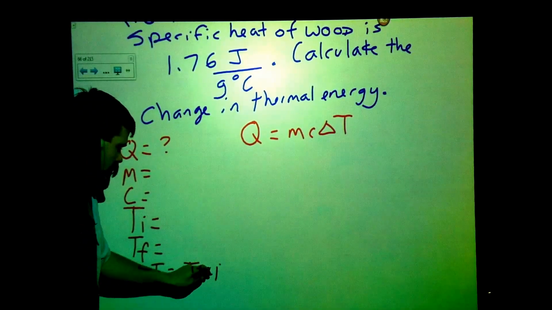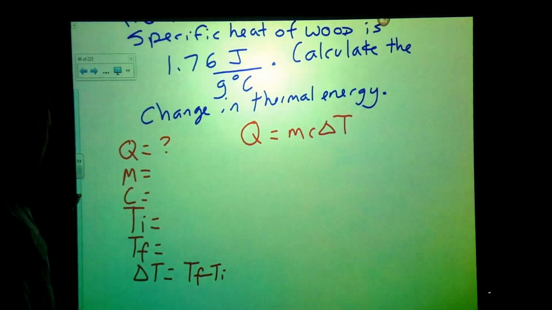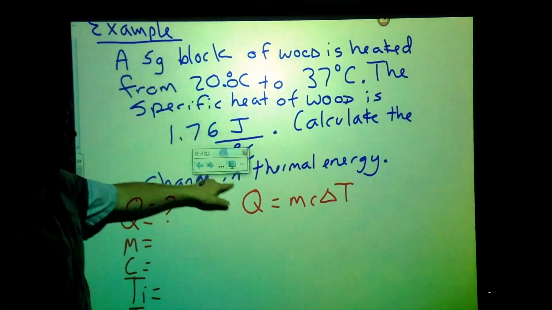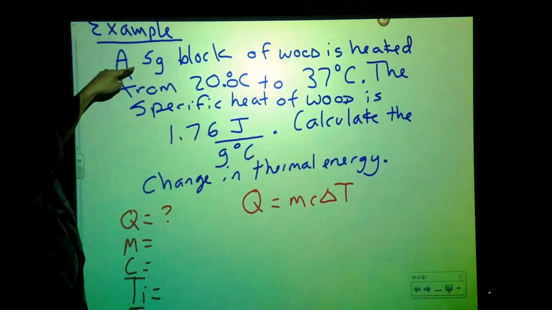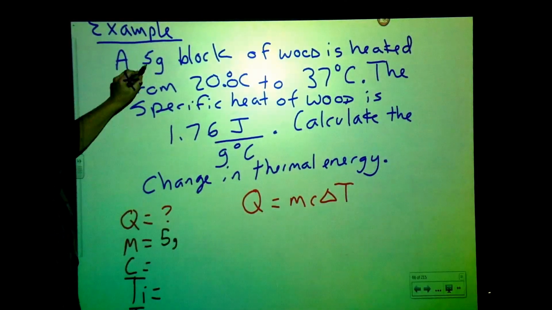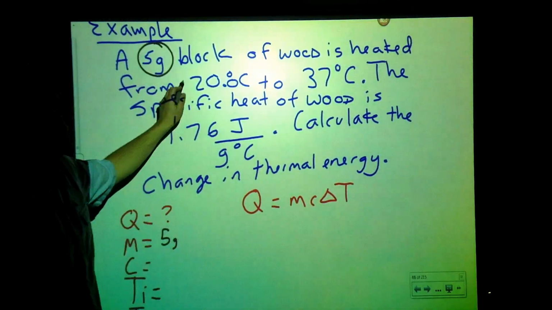Final minus initial. So, if you look at the problem, you tell me, what is the mass of the sample that was given to you in this problem? What other information was given to me in this problem?